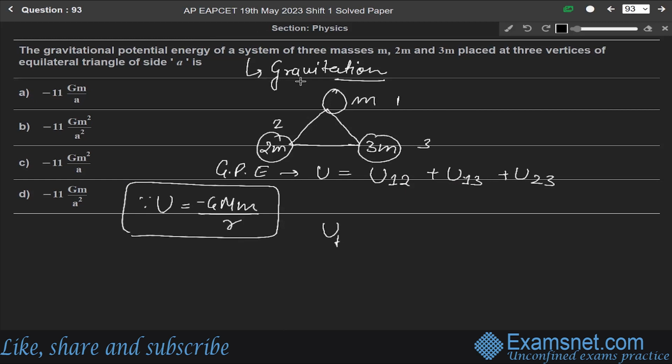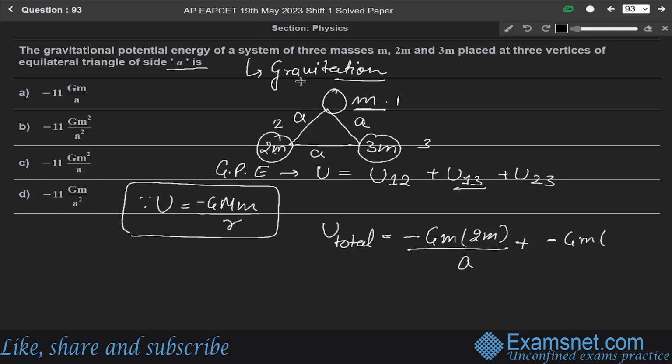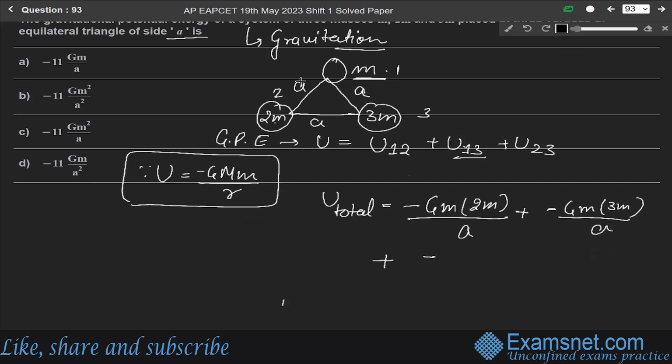So the total potential energy of this entire system will be minus of G, between 1 and 2, m into 2m over the side a, plus minus of G, between 1 and 3, m into 3m over a, plus minus of G, 2m into 3m over a.